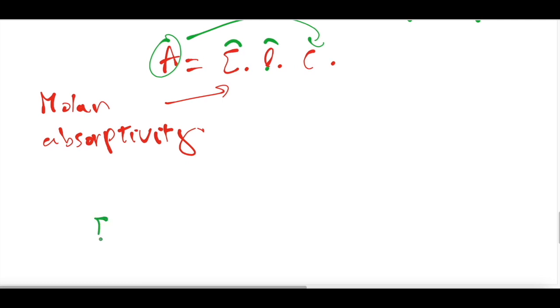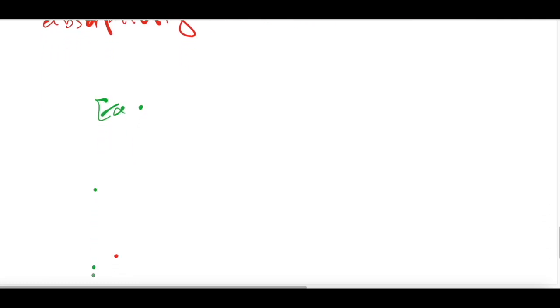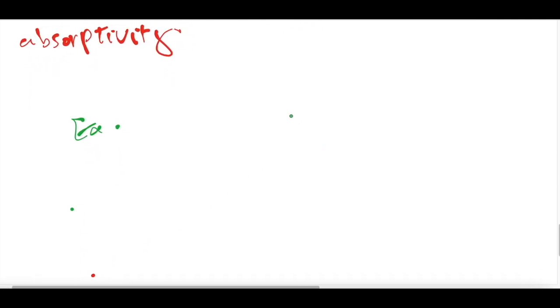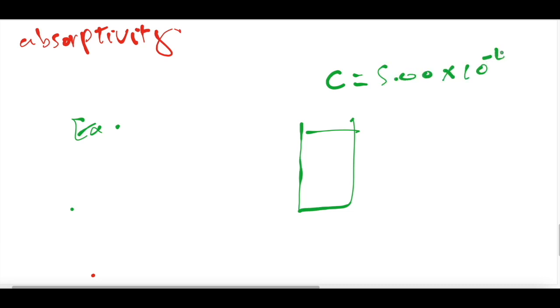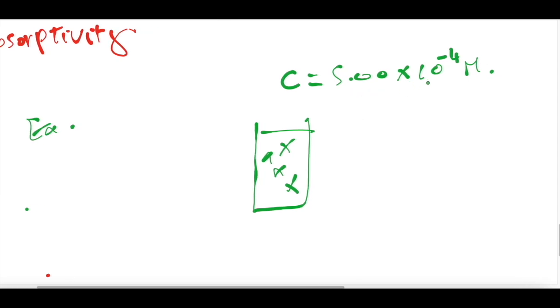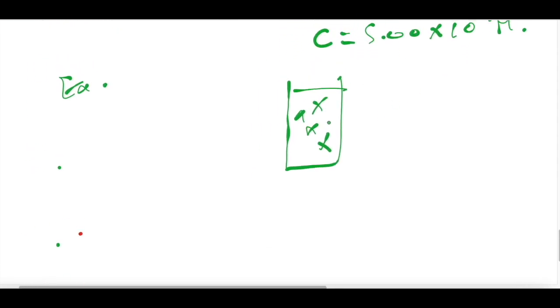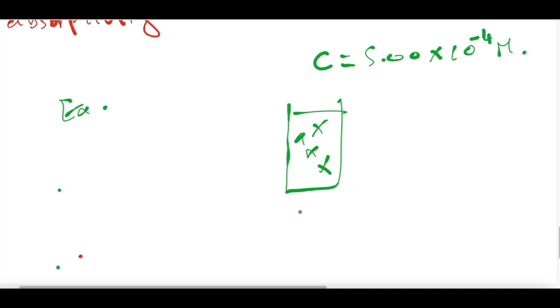Let's do this example. If we place a solution in this compartment cell, the analyte that is contained in this solution has a concentration of 5 times 10 to minus 4 M. And the path length of this sample cell is equal to 1 centimeter.